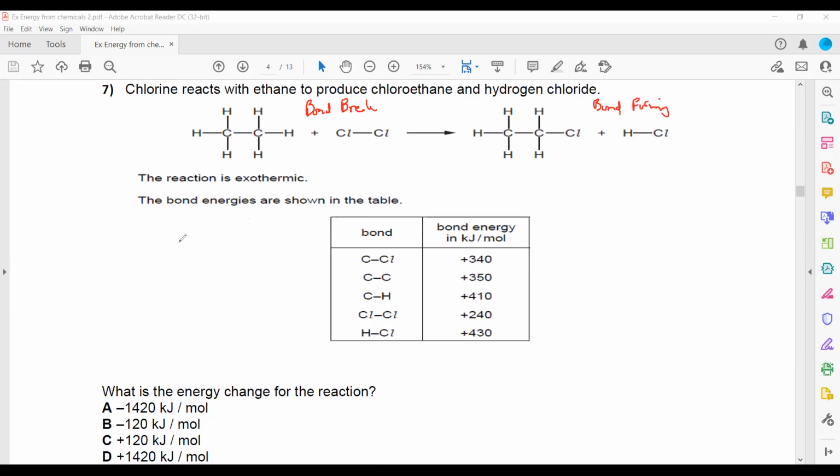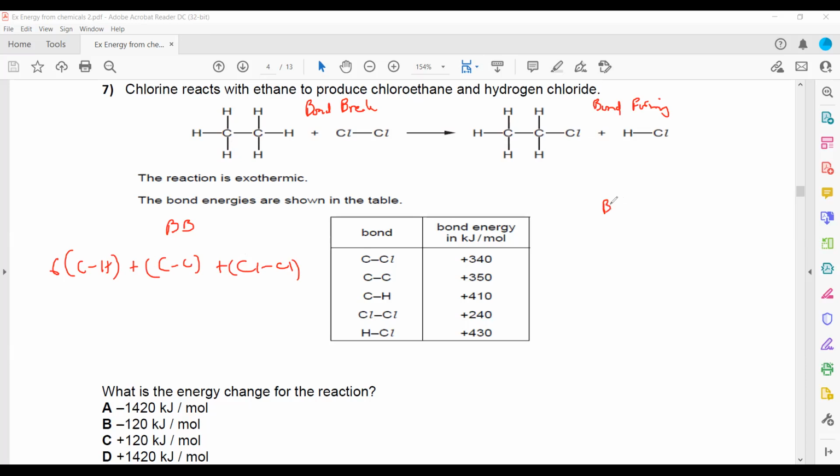So bond breaking, how many bonds are we breaking? 1, 2, 3, 4, 5, 6. So 6, I'm writing here for bond breaking. We are breaking 6 C-H bonds, a carbon-carbon bond, and a Cl-Cl bond.